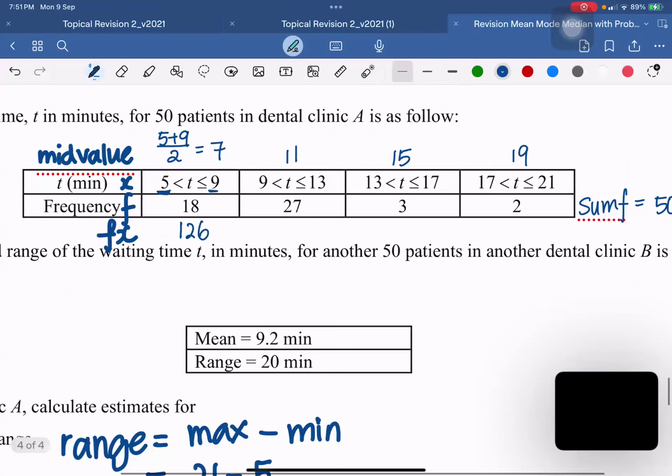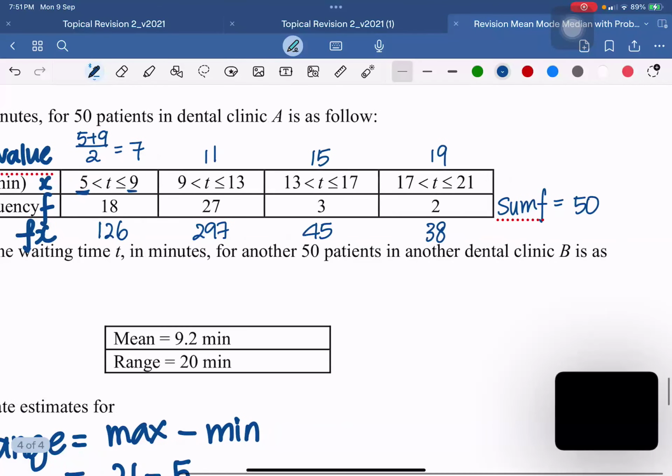Take 11 times 27, 297. Then 15 times 3 is 45. Then 19 times 2 gets 38.